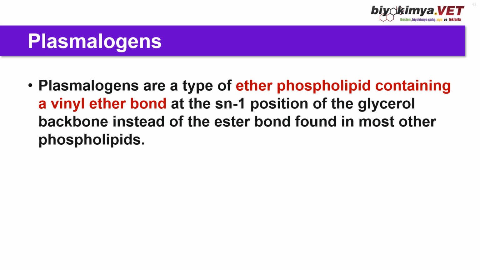So the difference is here at the fatty acid attached to the SN1 position. It's attached not with the ester bond, but the ether bond. So a different pattern is seen.